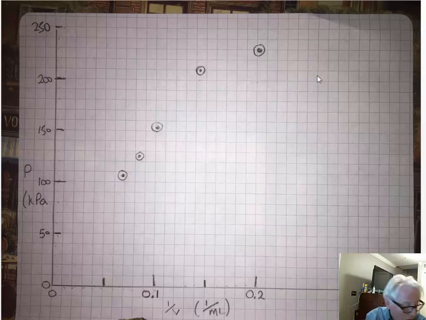So 2 data points: 20 milliliters, 85 kilopascal; 8 milliliters, 165 kilopascal. Don't forget, you've got to convert your volumes into 1 over volumes. And so you have 2 more data points to add. Please make that adjustment to your graph, and then we'll discuss.